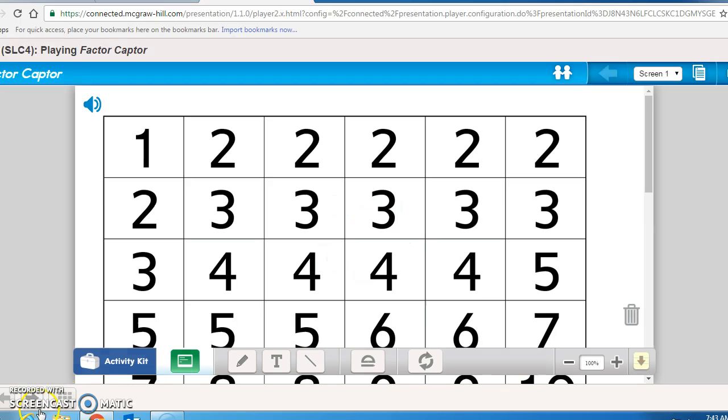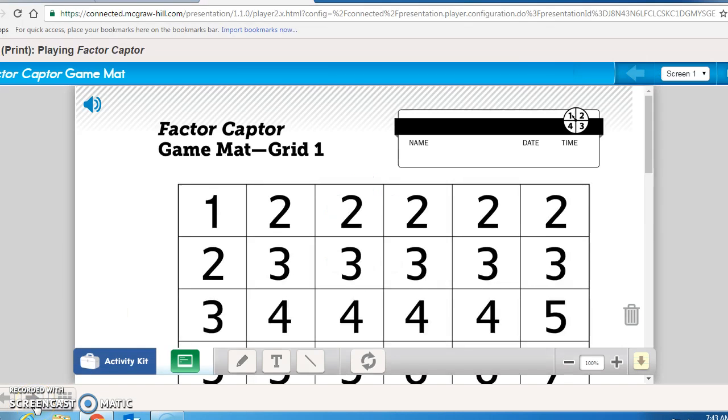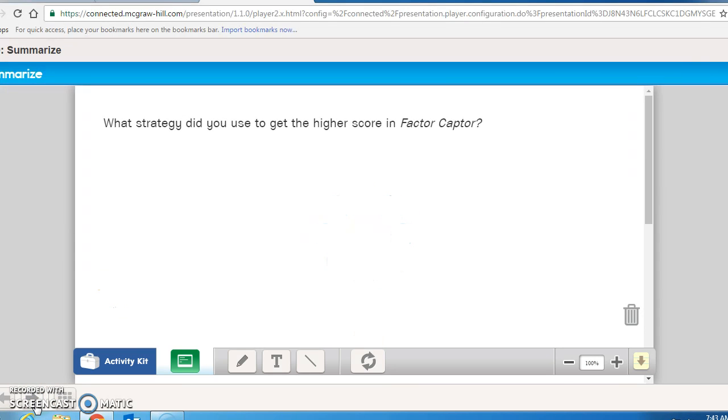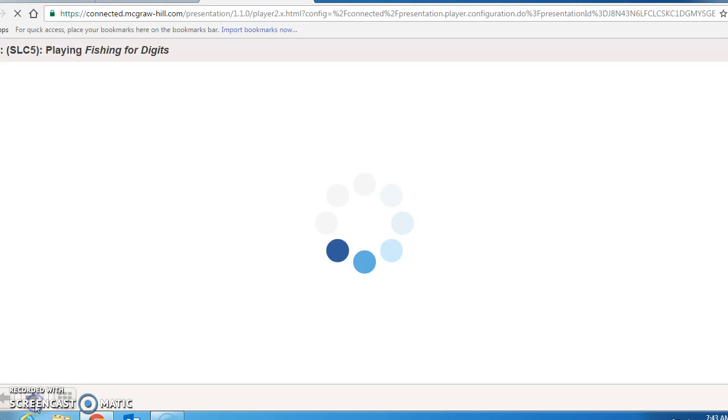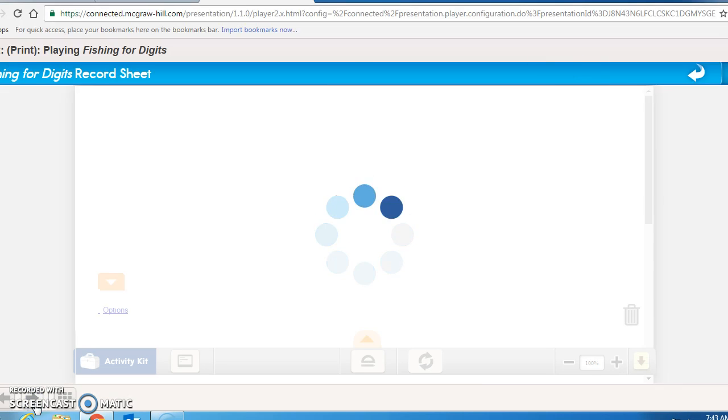These next few slides that I'm forwarding on are showing you the pages that are used for the game Factor Captor, which we have already played. And we'll be playing again next week.